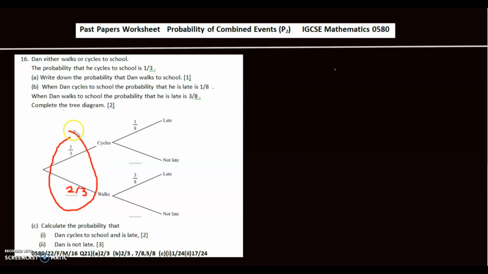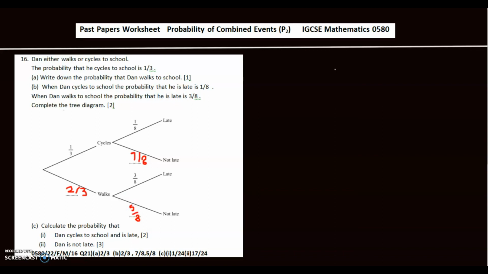So sum of this should be 1. So 1 upon 3 plus 2 upon 3 is 1. Similarly, if this is 1 upon 8, then this would automatically be 7 upon 8.